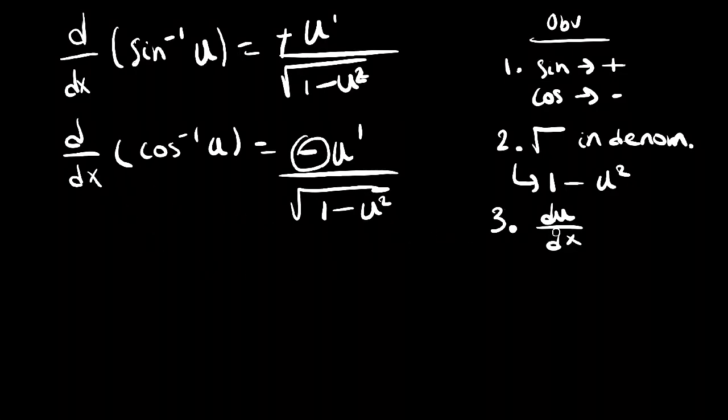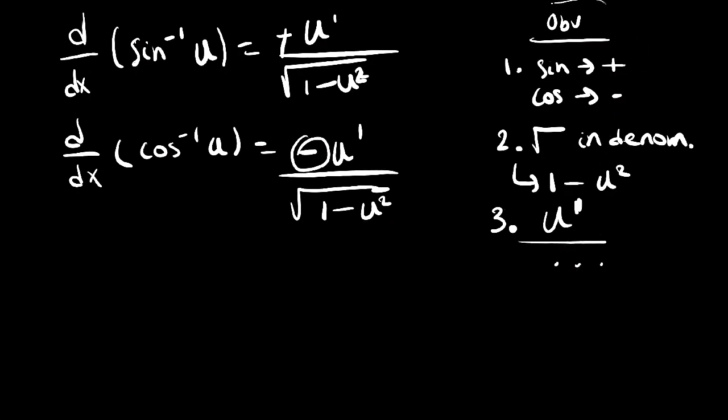And then the third observation we can make is that on the top we have du by dx. So we have a u prime in the top, and it would always be u prime over something, no matter whether it's sine or cosine.